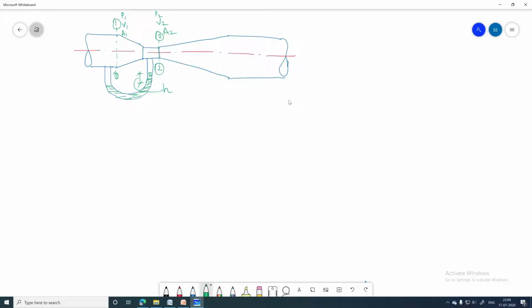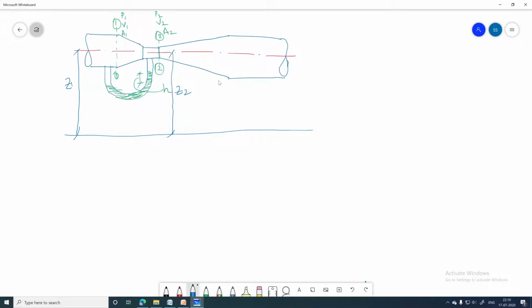If we apply Bernoulli's equation here, one thing is important: the Venturi meter is always placed horizontally. So if we consider this one as the datum, this is Z1 at section 1 and this is Z2 at section 2.